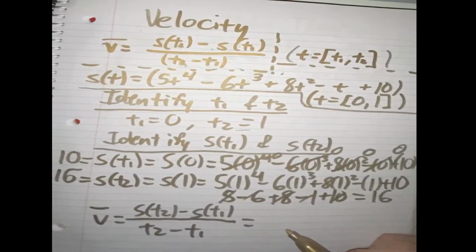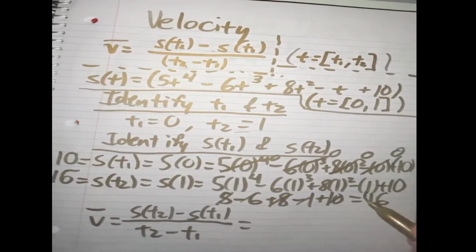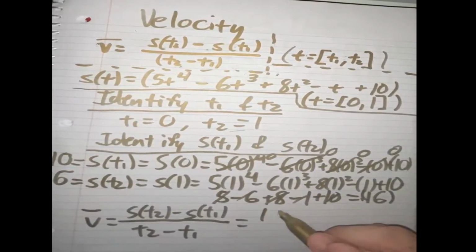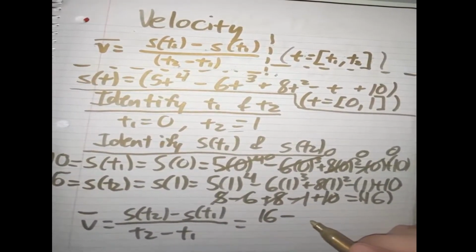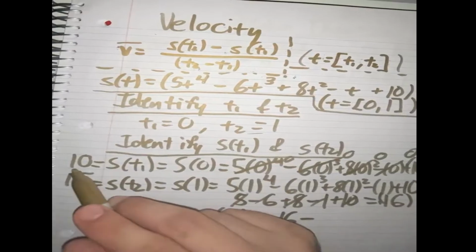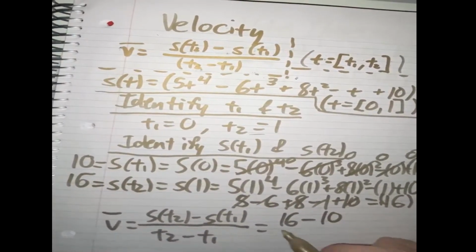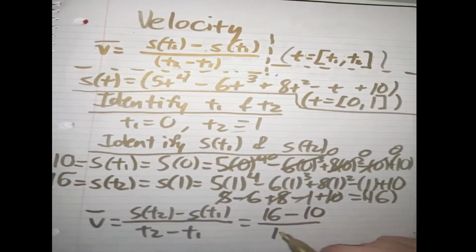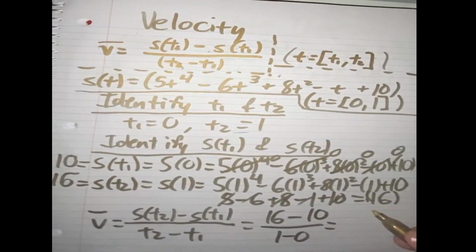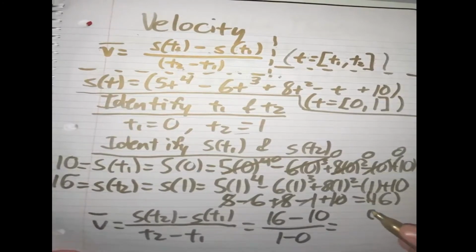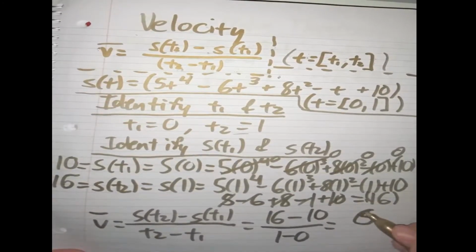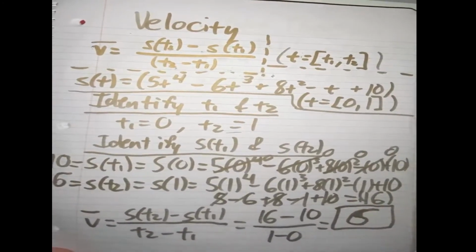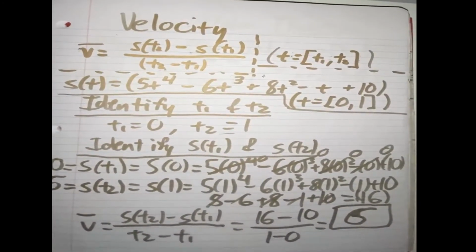And this is equal to S of T2, which we identified to be 16, minus S of T1, which we identified to be 10, divided by T2 minus T1. So 1 minus 0, so this is equal to 6. And that is our average velocity.